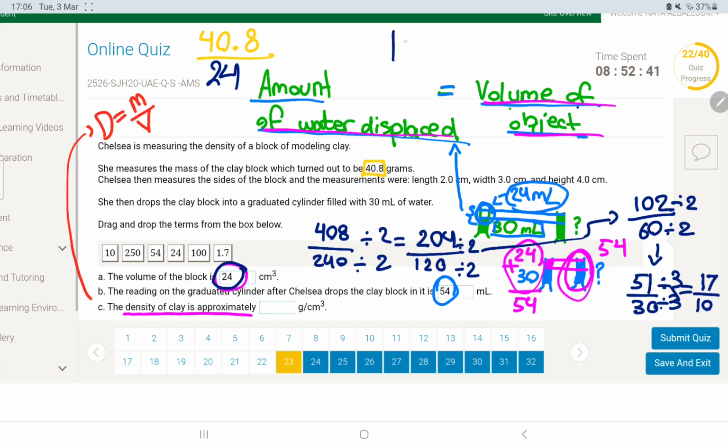Finally, 17 over 10 is the mass over the volume. Now all you need to do is cross the 0, put the decimal at the end and move it. So what do you get here? 1.7. By the way, guys, in the written part, don't forget to put the unit.